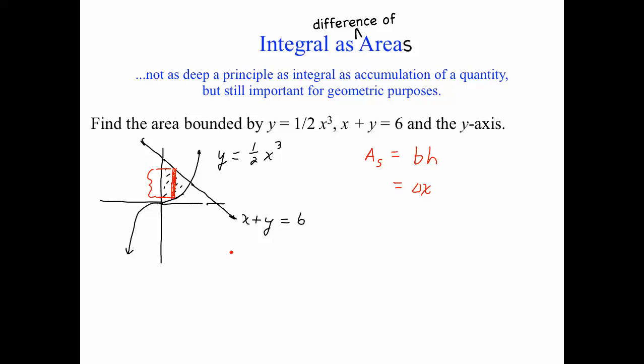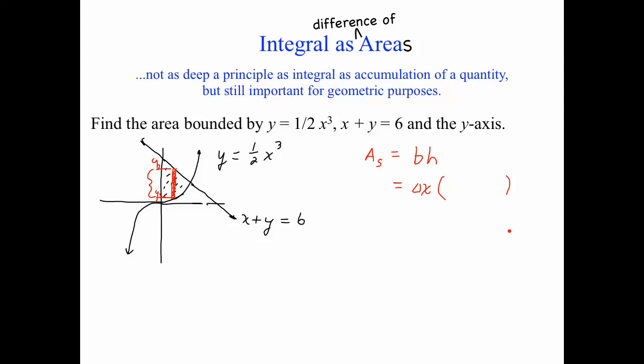So that's going to be a difference of two values. Is it a difference of y values or of x values? Yeah, so if this was y2 up here, and down here was y1, then how would we phrase that height?